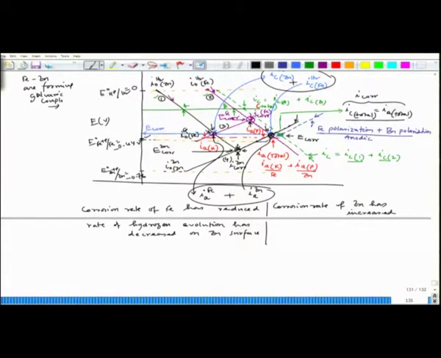So, I could see that the rate of hydrogen evolution has increased on iron surface.